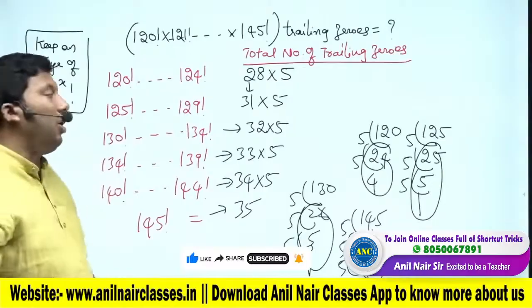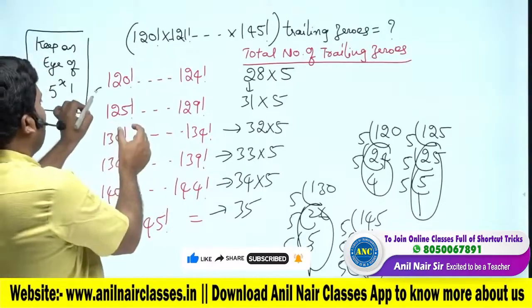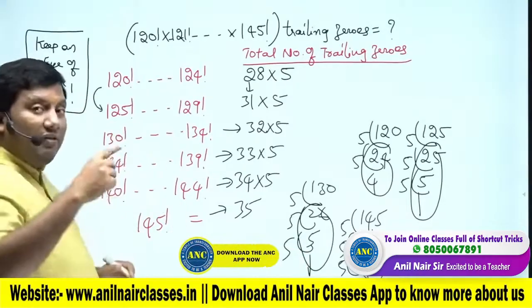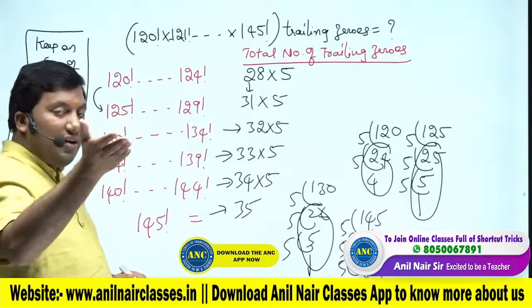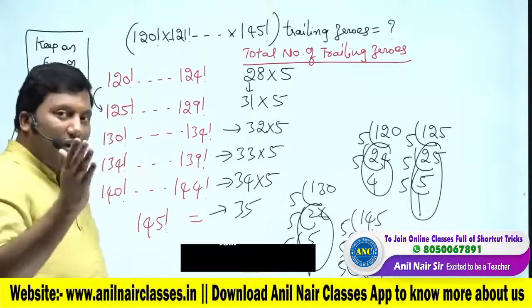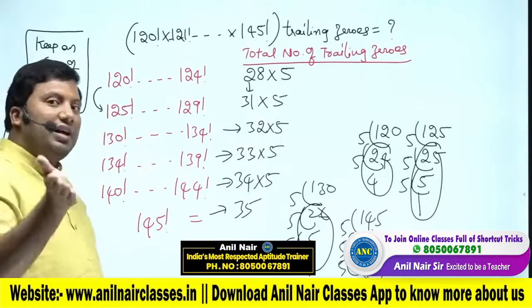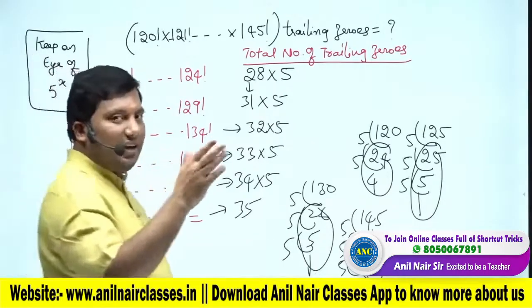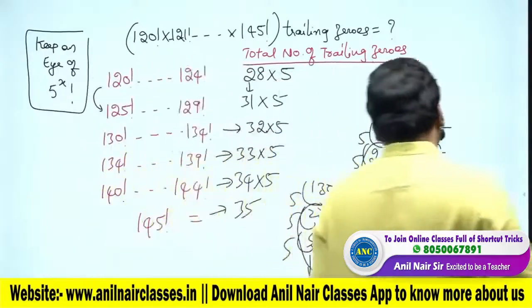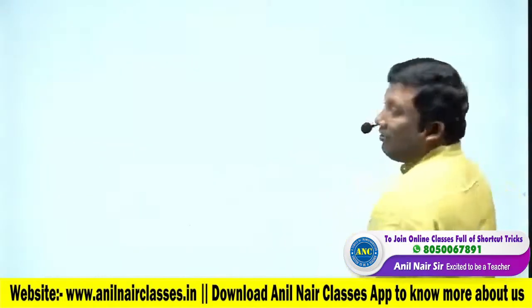Keep an eye on all these numbers. There will be a jump. Even for 25 factorial, there is a jump of +2. Why? Because 25 is 5 square. 125 is 5 cube.